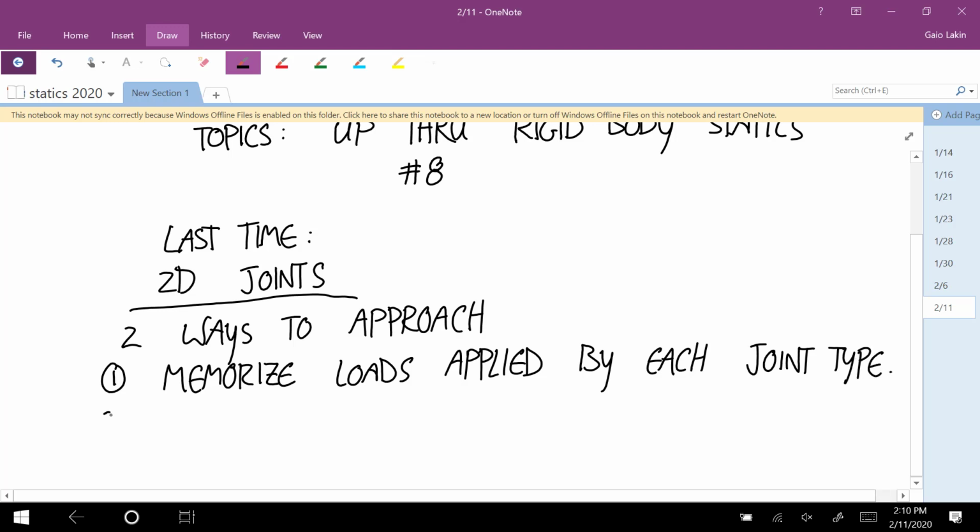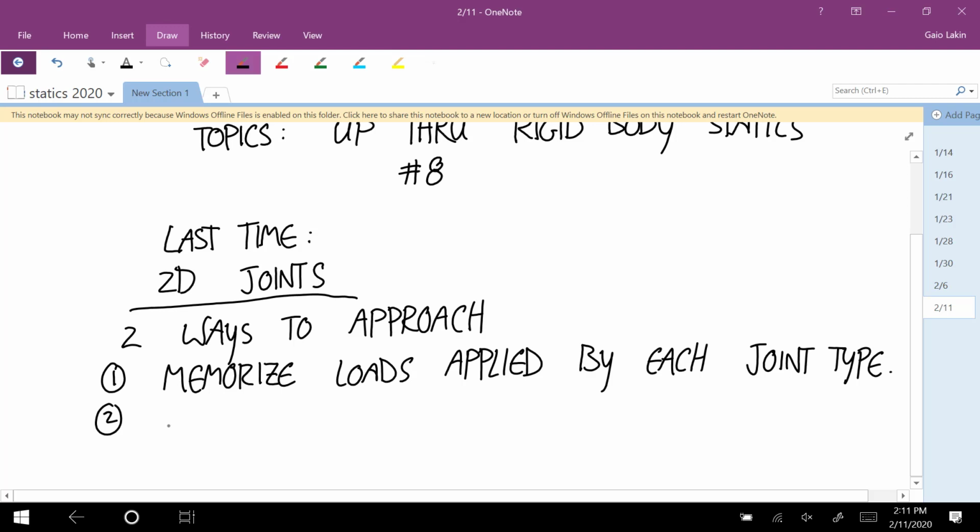The second way to do it is to think about that joint connecting the body to the ground, and think about what degrees of freedom are eliminated by that joint. Translations, there's 2 dimensions of translation and then 1 rotational motion.